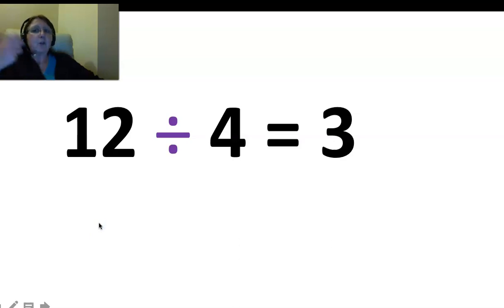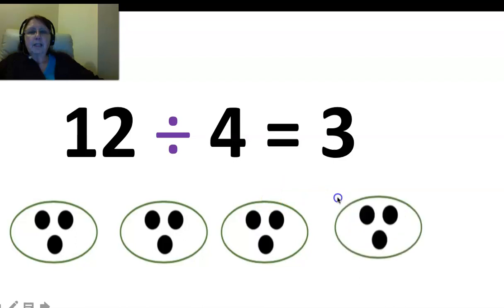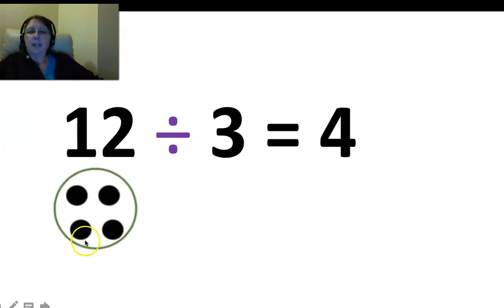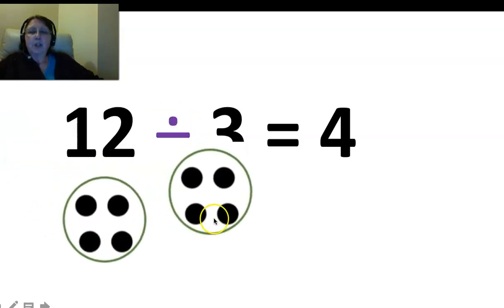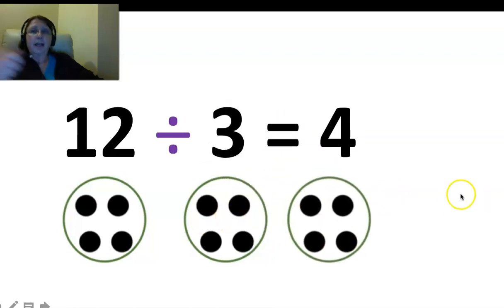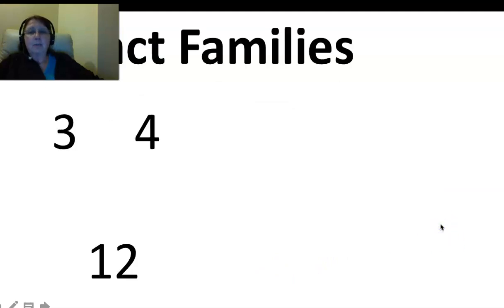But if we do the opposite and we share things out and give them away, we have 12 things put into 4 groups and each group has 3. Here we have 12 things. We've put them into 3 groups and each group has 4 things. That's division. We'll come back to that.